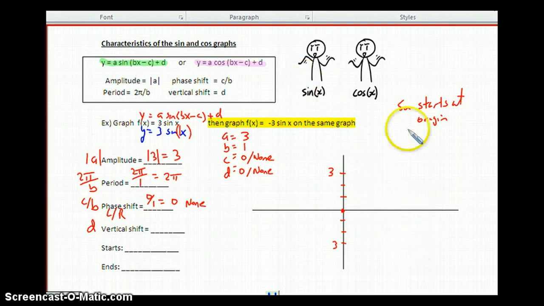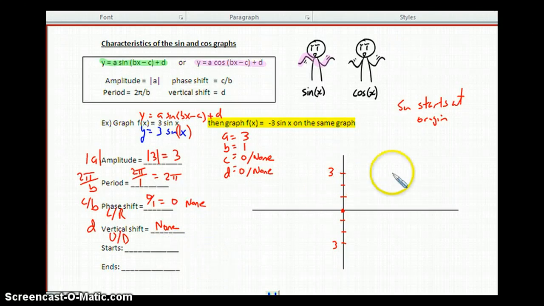Make that shape, just like the arms are here. My vertical shift tells me how far my graph is moving up or down. So I'll put a U/D for up and down. And in this case, I have no D value, so there is no vertical shift.